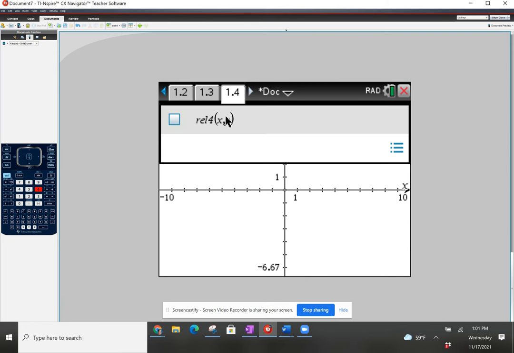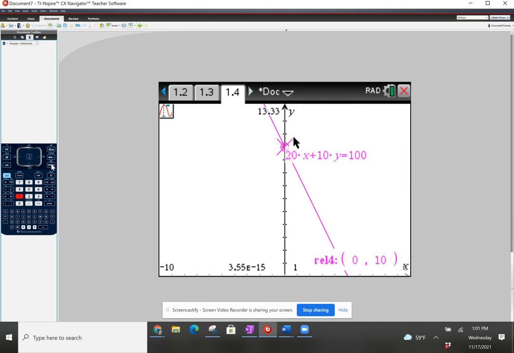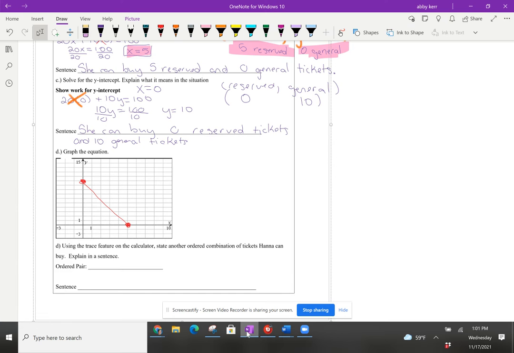So the equation that we had was 20x plus 10y equals 100. Now I understand the y-intercept is a little bit higher than what it should be. If you do the trace, it's going to bring the graph to you. So notice 0, comma 10. We got that. When we scroll down, we're going to get 5, comma 0 as well.